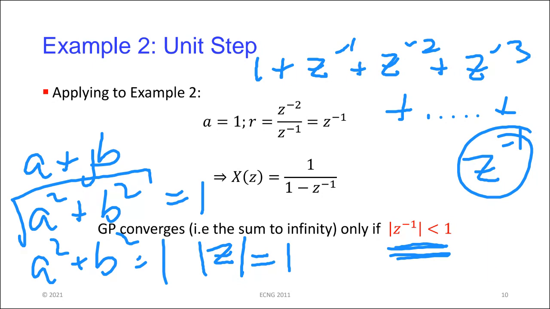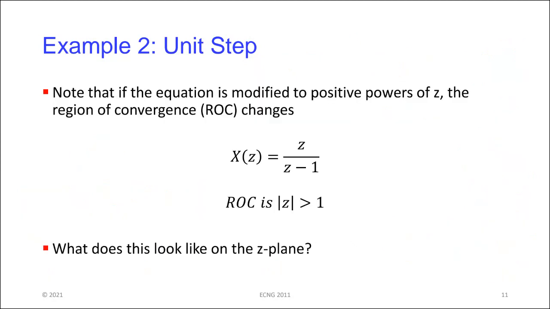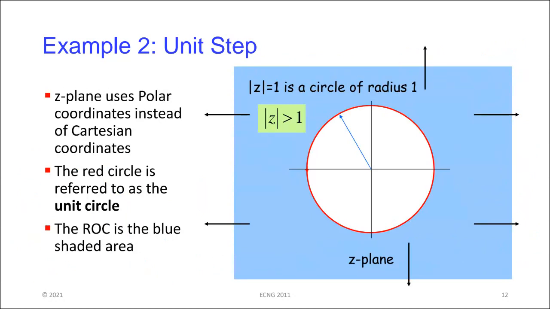If I plot a graph, and this is my a axis and my b axis here, and I plot a squared plus b squared equal to 1, I'm going to get a circle being defined here. The locus of that is a circle of radius 1. So mod z equal to 1 is a circle of radius 1, and in our case, we call that a unit circle.